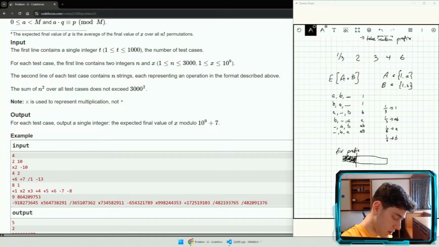So does this fixing the prefix actually help?